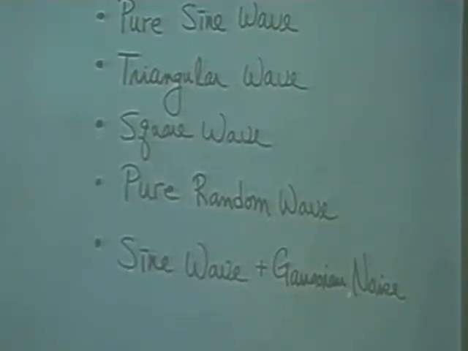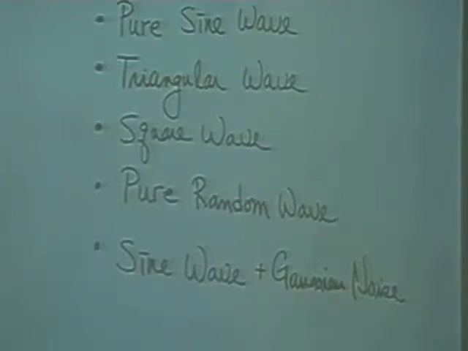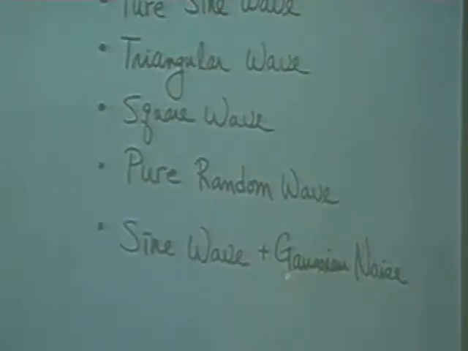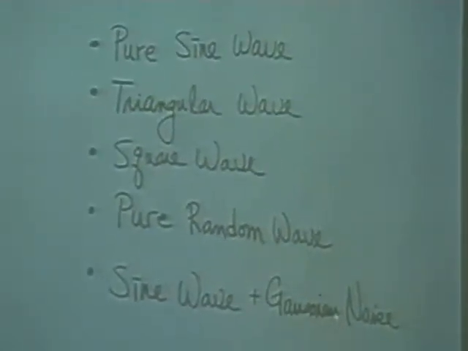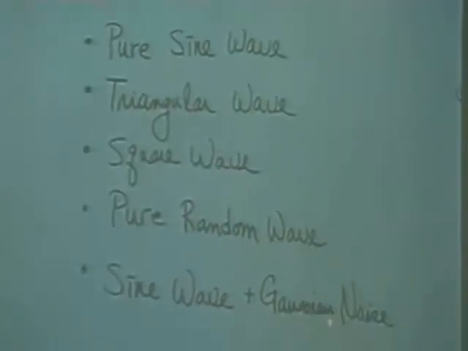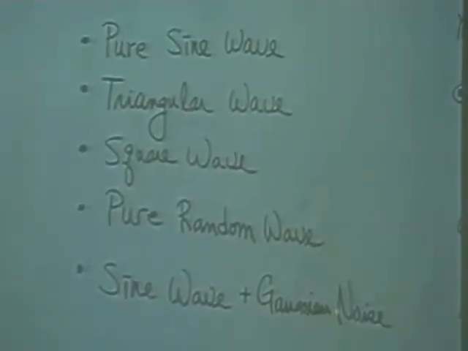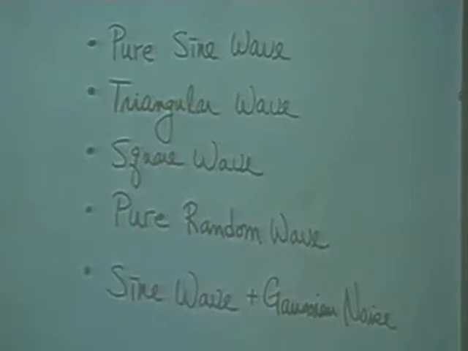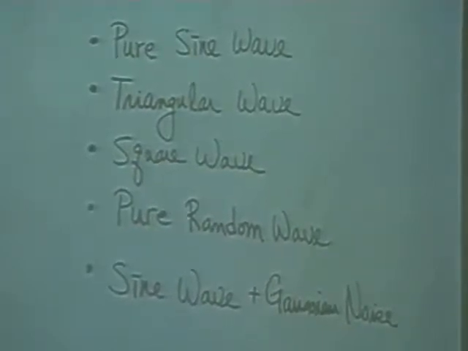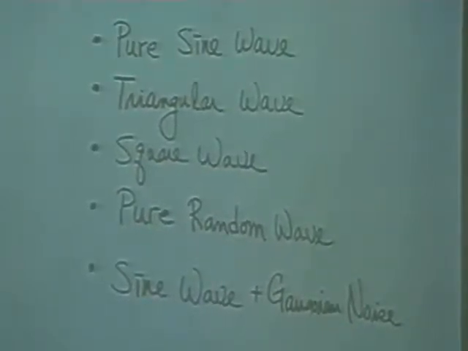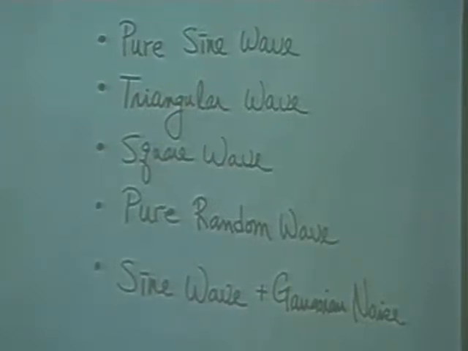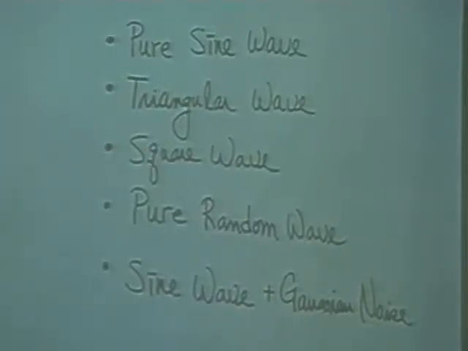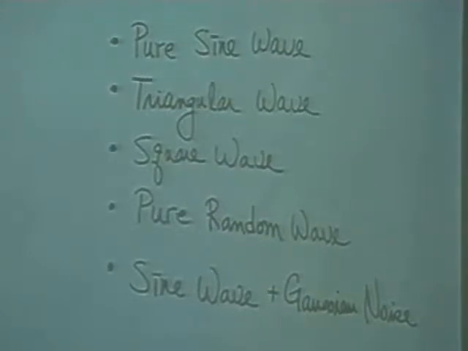Again, Gaussian random noise means random noise with a Gaussian probability density function, like I showed here. In chapter 2, of course, we covered all the basics of probability functions.